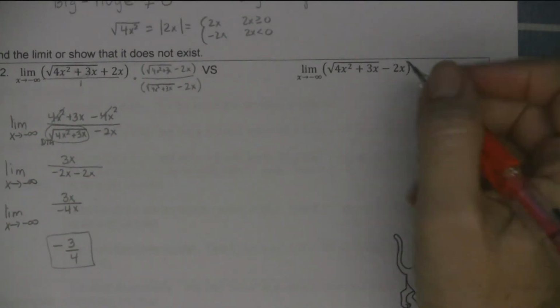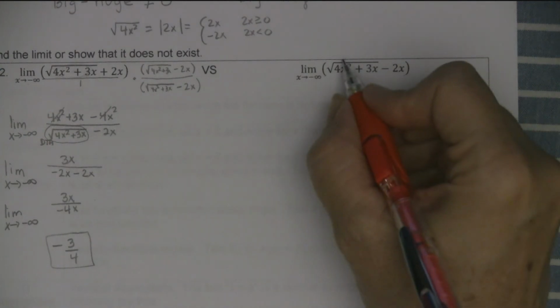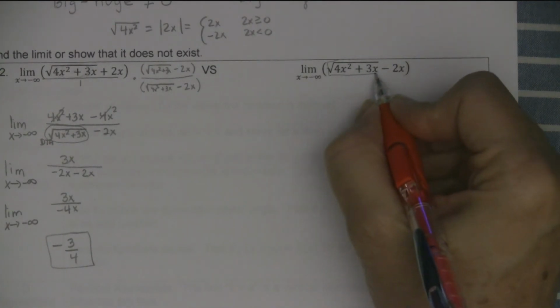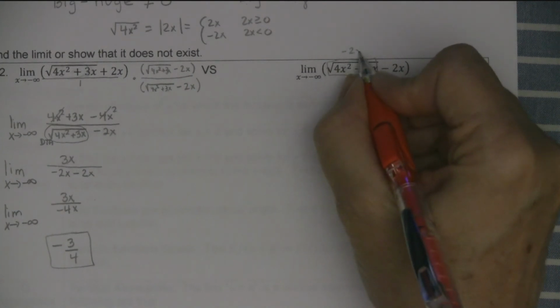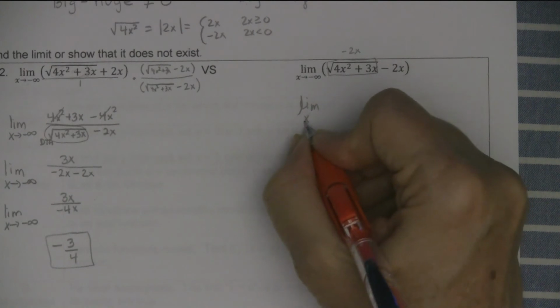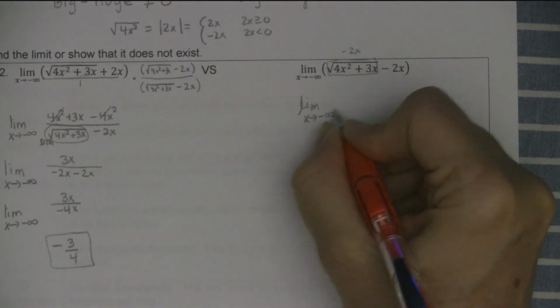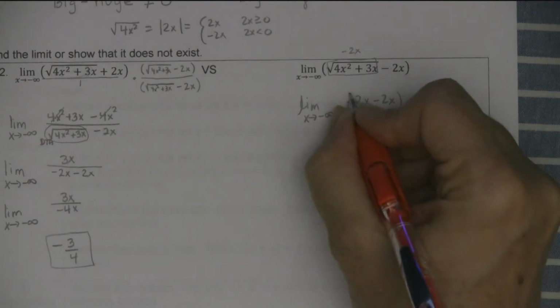Over here, on the other hand, when I go to negative infinity, with this being a negative, then this here, by dominant term analysis, is very close to negative 2x. So this is very close to the limit as x goes to negative infinity of negative 2x minus 2x.